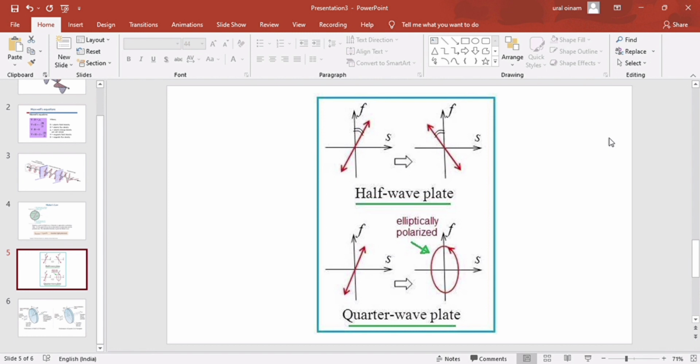If this resultant rotates in the anti-clockwise direction as it propagates, we call it left circularly polarized, and if it rotates in the clockwise direction, we call it right circularly polarized.